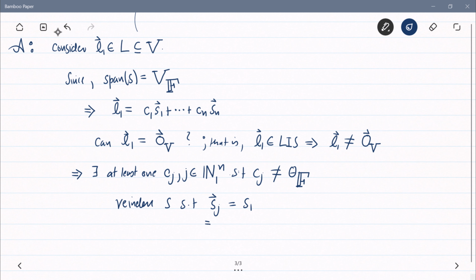This implies that C sub j is equal to C sub 1. Or we could simply say, without loss of generality, that C sub j is equal to C sub 1, which is, by the way, again not equal to 0 of the field. So, given that C sub 1 is not equal to 0, we could obviously divide by it and separate our S sub 1.